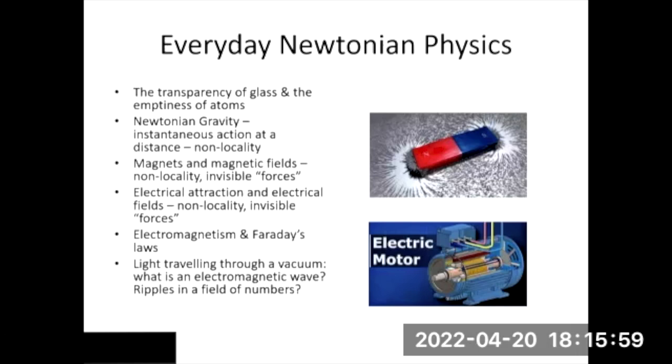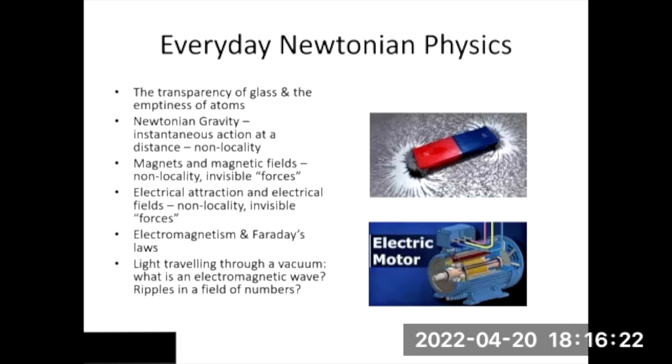Gravitational waves are limited to the speed of light, but gravitation itself is instantaneous over distance. Then there's magnets. When we're children, we're fascinated by magnets, but we've got so used to them that we don't really have that fascination anymore. But it's strange that they're acting over a distance.